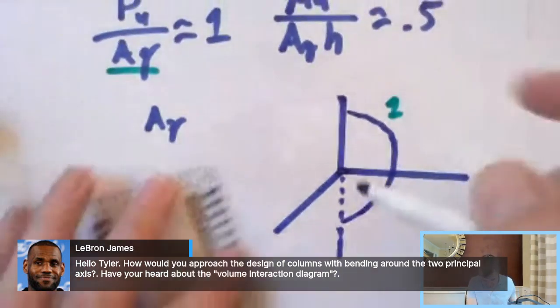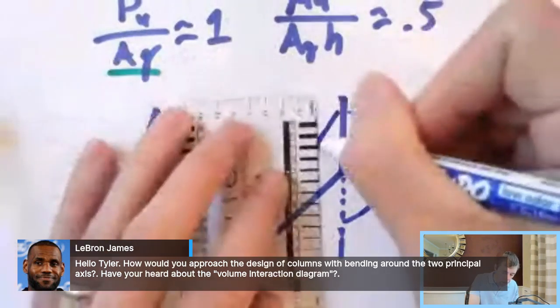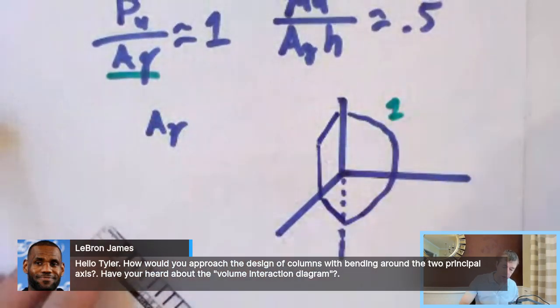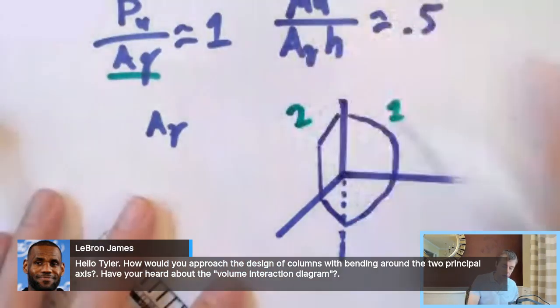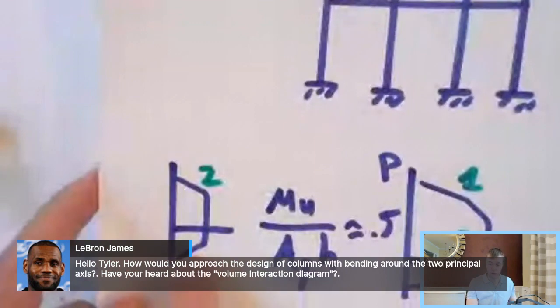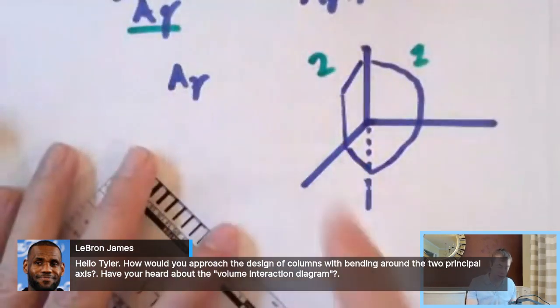And this is failure plane number 2. Number 2. So you don't understand? That's number 1. It's right there. That's number 2. We flipped it, put it on its side, and it's here.